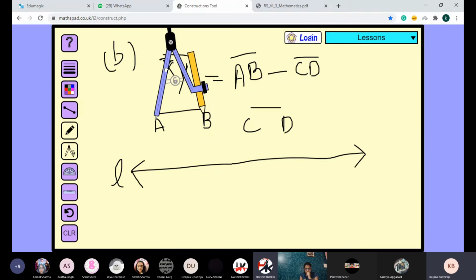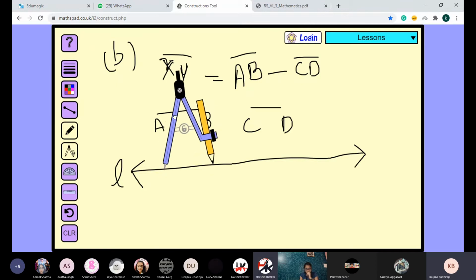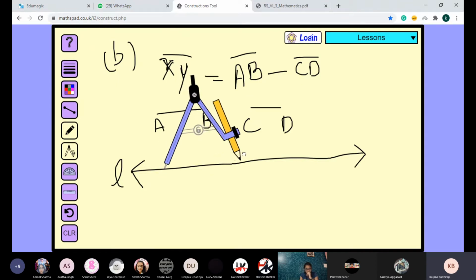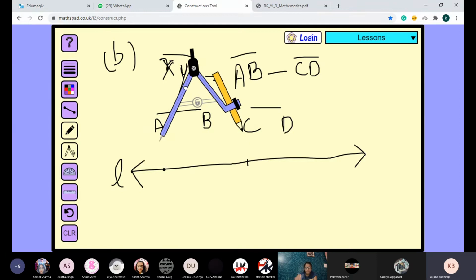Bring AB to this line and cut the line. Here you will get your point X, and the next point will be M.